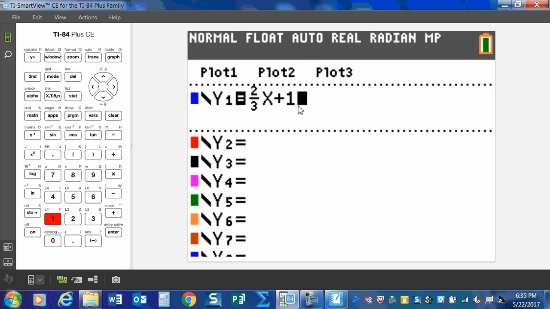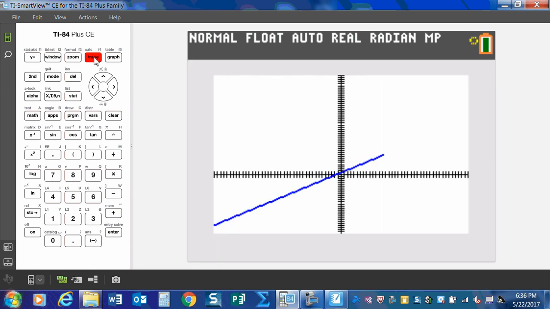So 2/3 x plus 1, so I want to know when x is -6, what is y? One way I can do that is hit trace, and -6, y is -3. Another way I could have looked at my table.